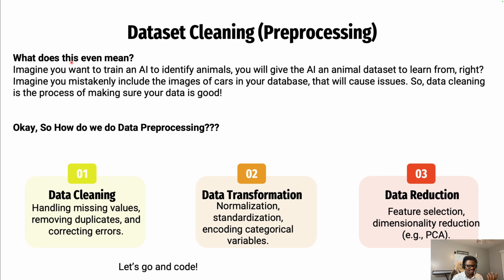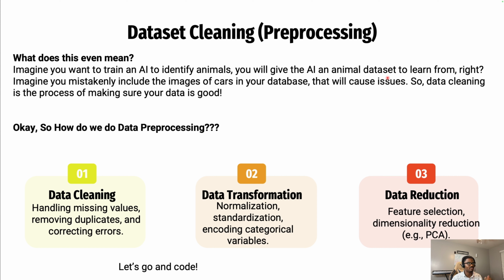Imagine that you want to train an AI to identify animals. You will give the AI an animal data set to learn from. That is correct. If you want to teach AI to identify animals, you give it all the examples of animals.